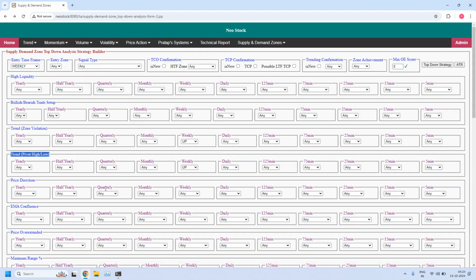Or prices near the zone or moving towards the demand zone, such kinds of stocks you can filter now. Okay, now EMA confluence, weekly time frame, because the weekly trend is uptrend. If weekly demand zones are having weekly EMA confluence, it is even more powerful.